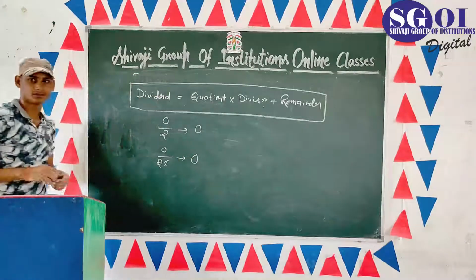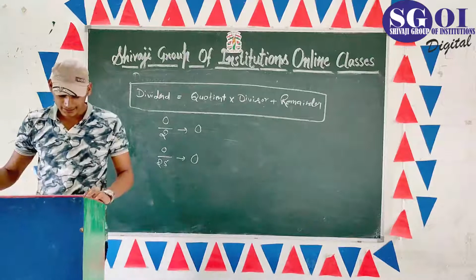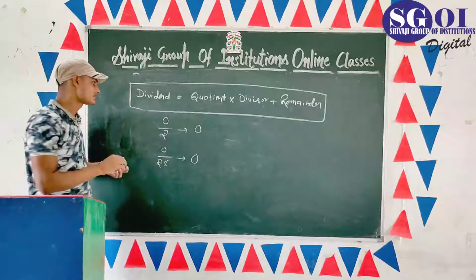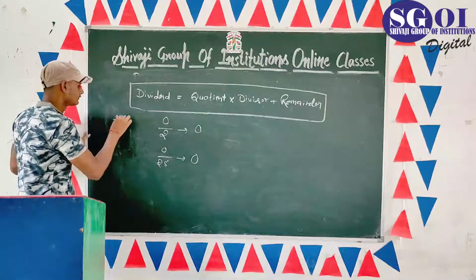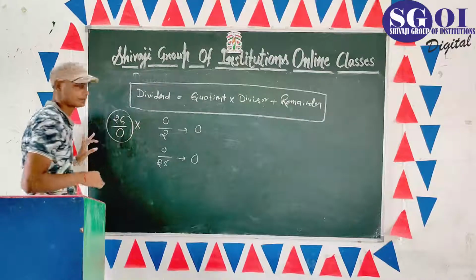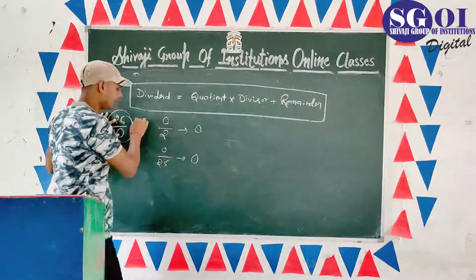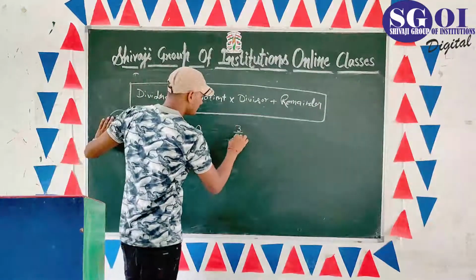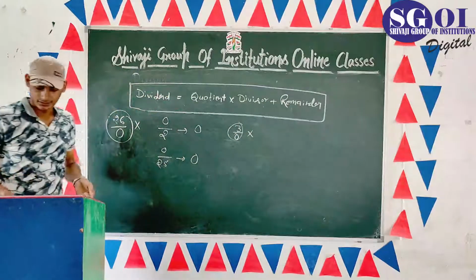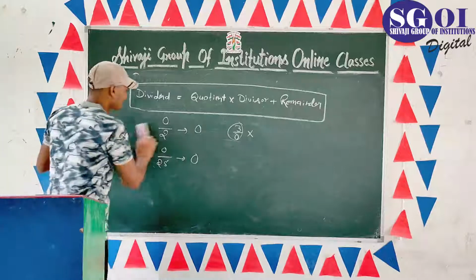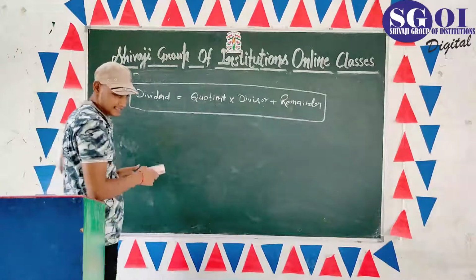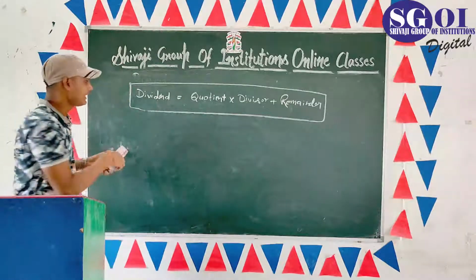Okay students, and the last one: a number cannot be divided by 0. Okay students, I hope all of you understood, and now we will start our exercise 3I.